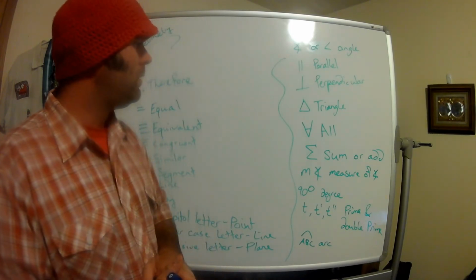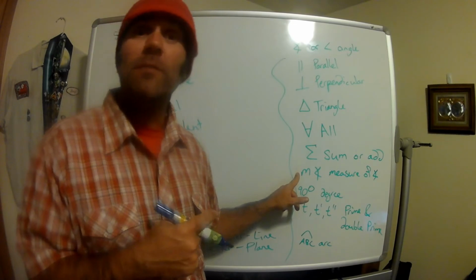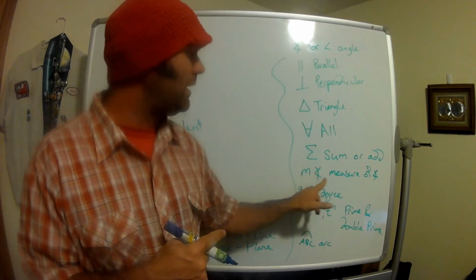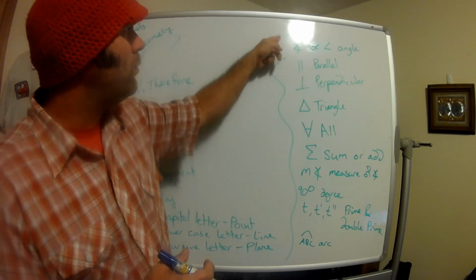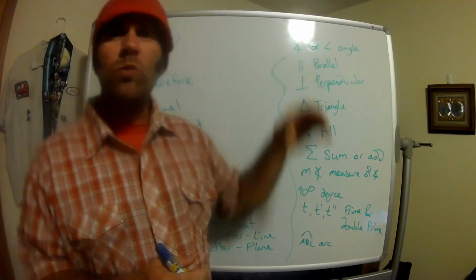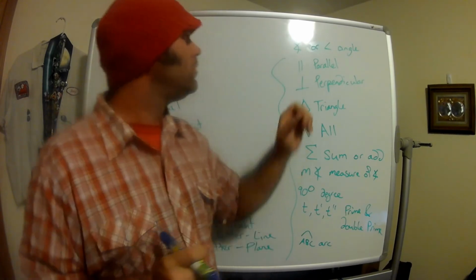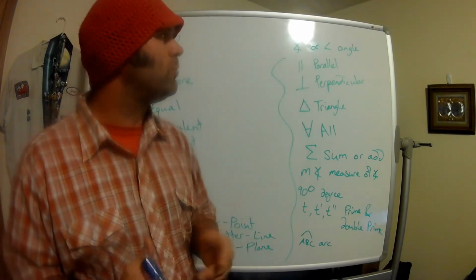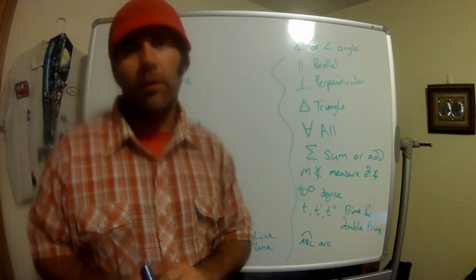Okay. When we want to talk about a measure of an angle, I usually put the letter M in front. So measure of angle. Okay. So those were angles. The next is two, it looks like L's, just right next to each other. 2 L's in a row, and it just means parallel. So these lines are parallel.